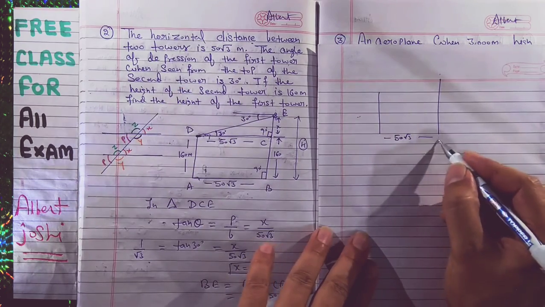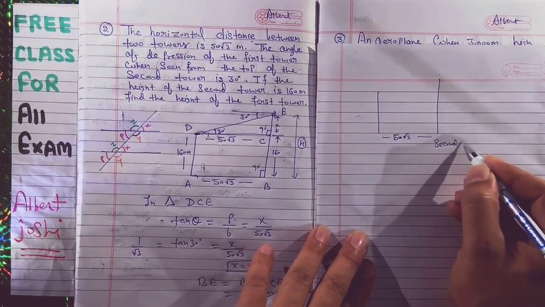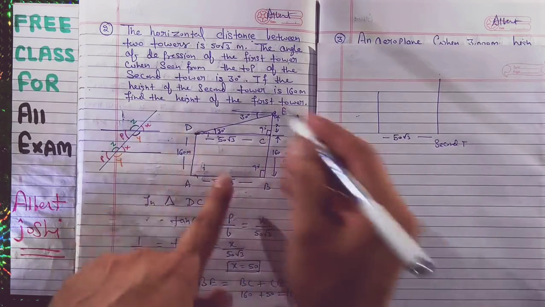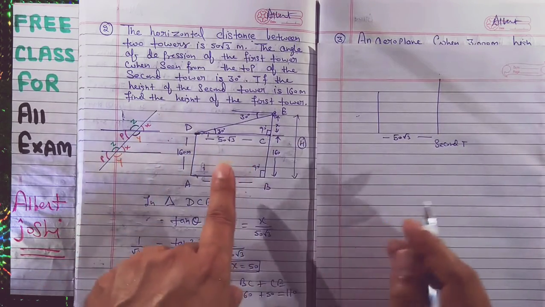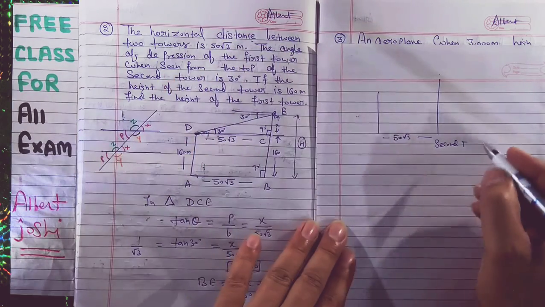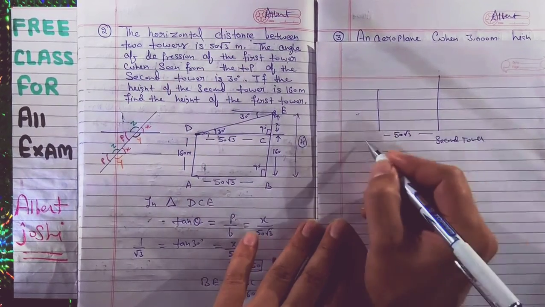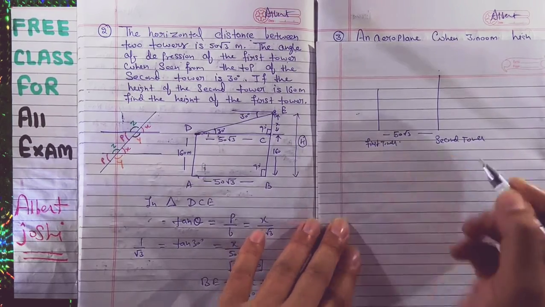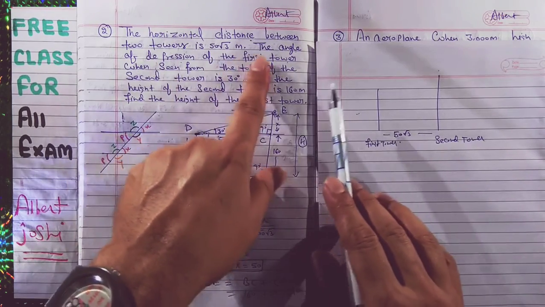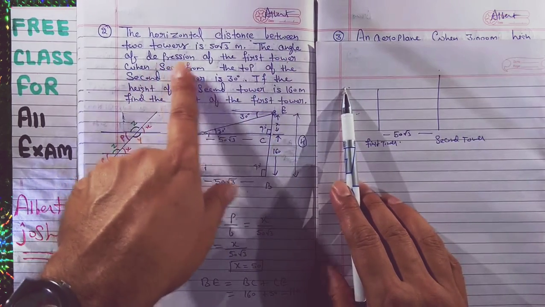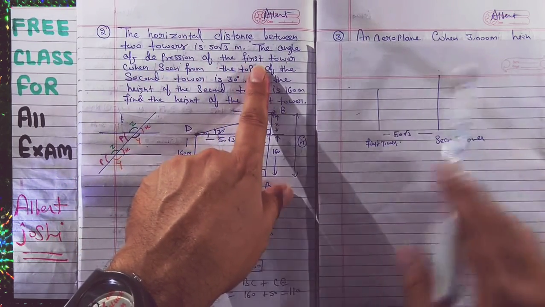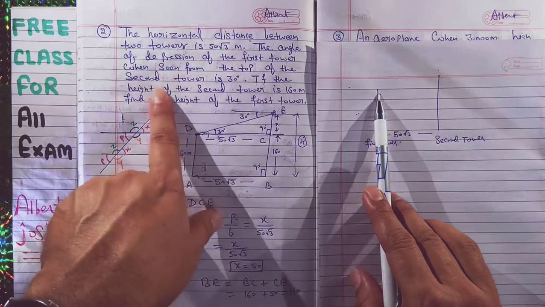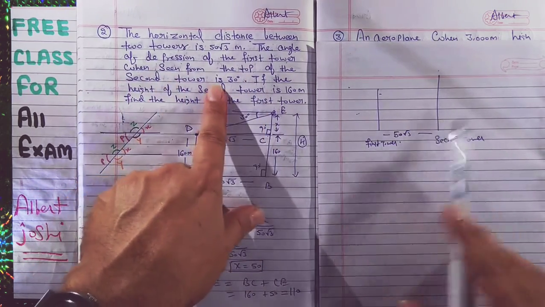So this is your second tower, you have to just write here. I did not mention which one is the first tower and which one is the second tower, so this is a different question. I will also solve this problem. This is the second tower and this is the first tower. So what they have given us, the angle of depression of the first tower when seen from the top of the second tower is 30.